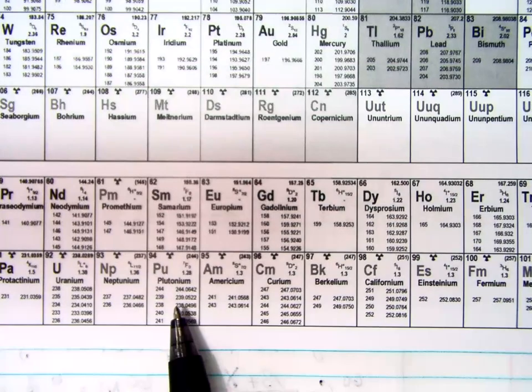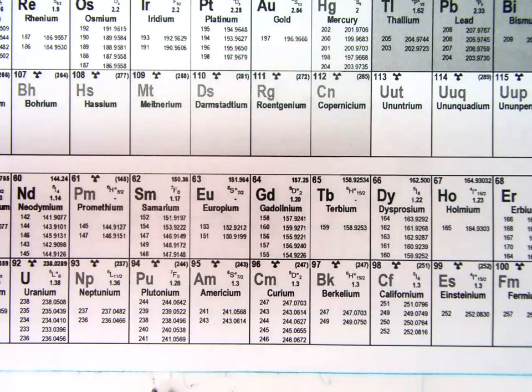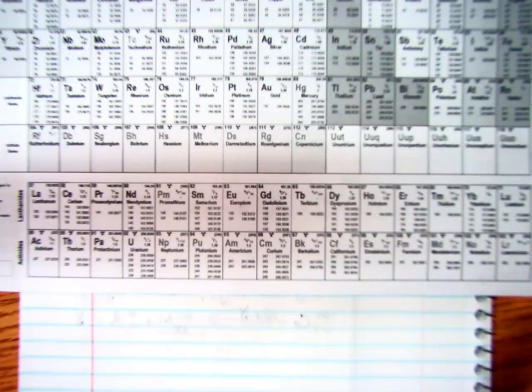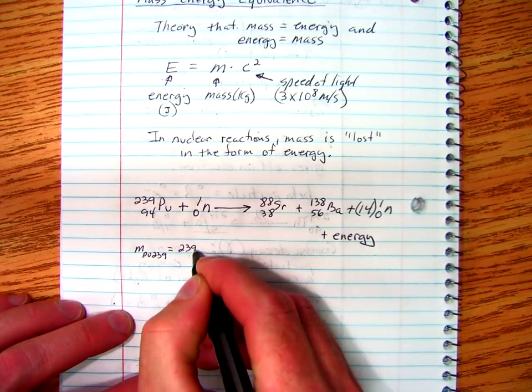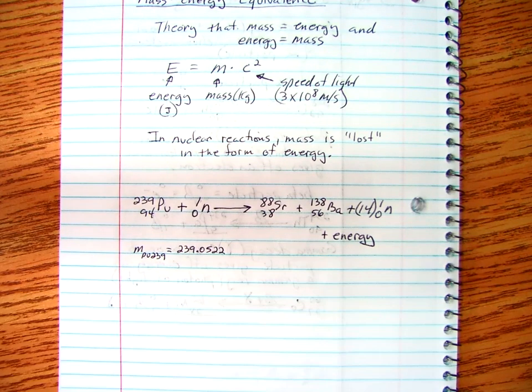And plutonium-239 has got a mass of 239.0522. It's really important that you write all of the precision out.